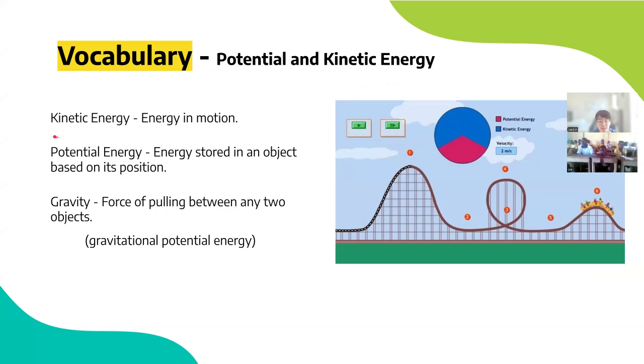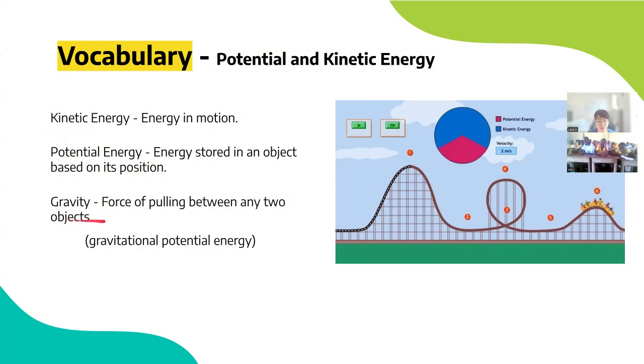But what exactly is kinetic energy? Kinetic energy is the energy in motion. Anything that is in motion has or is displaying kinetic energy. Potential energy, however, is the energy stored in an object, usually based on its position.